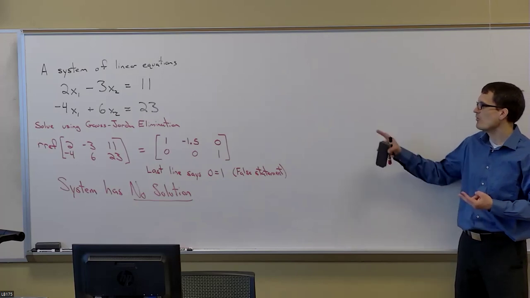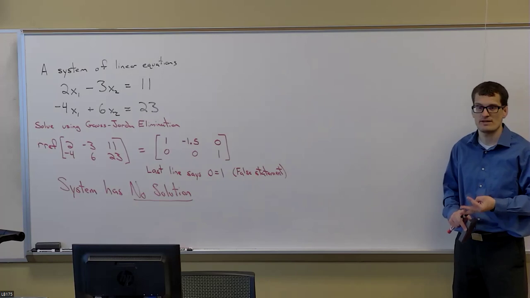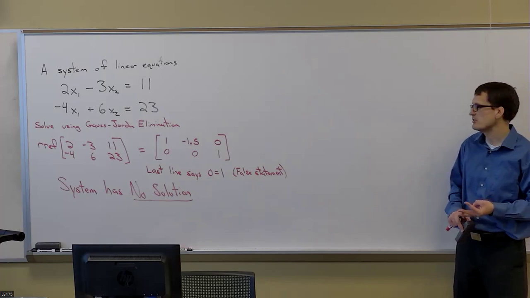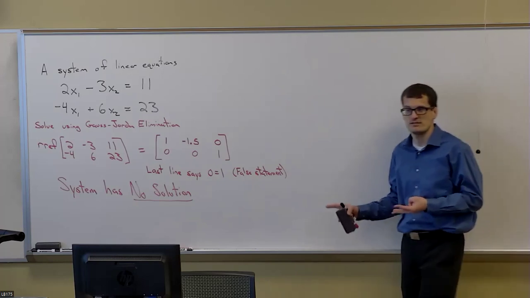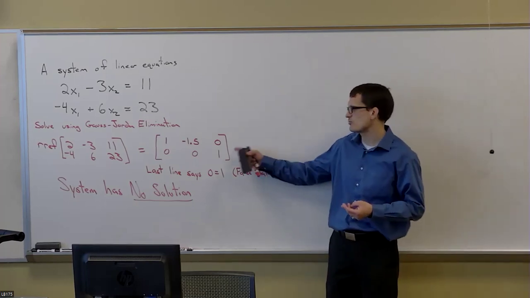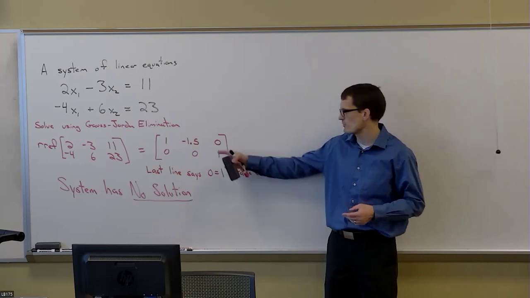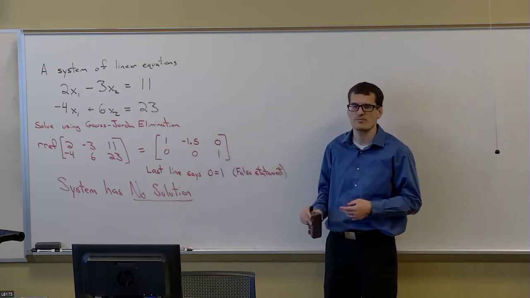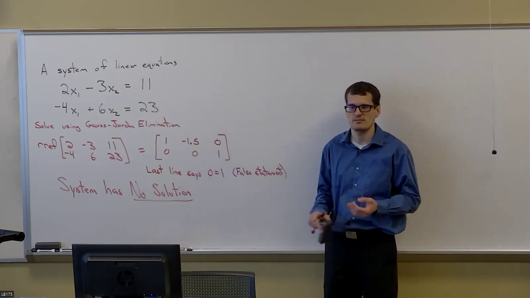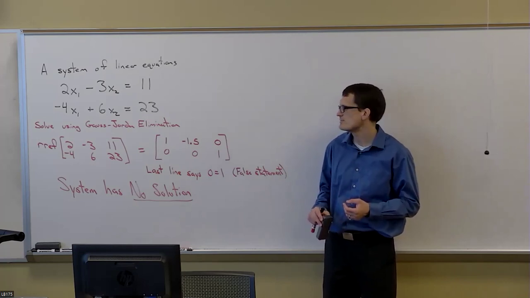Then we can simply interpret that matrix into either a solution, which is what's going to happen most of the time, or no solution, or if we end up with a row that says 0 equals 0, that's probably infinitely many solutions.